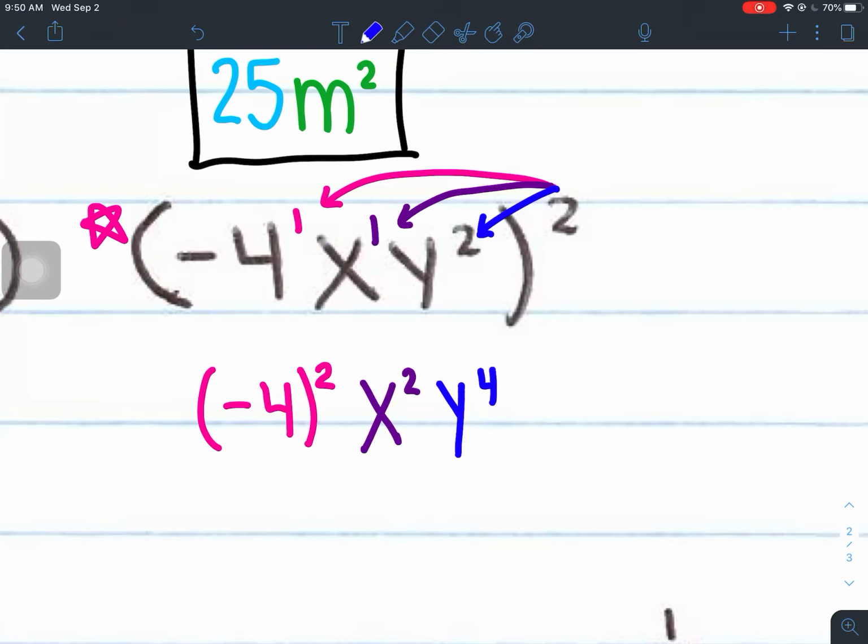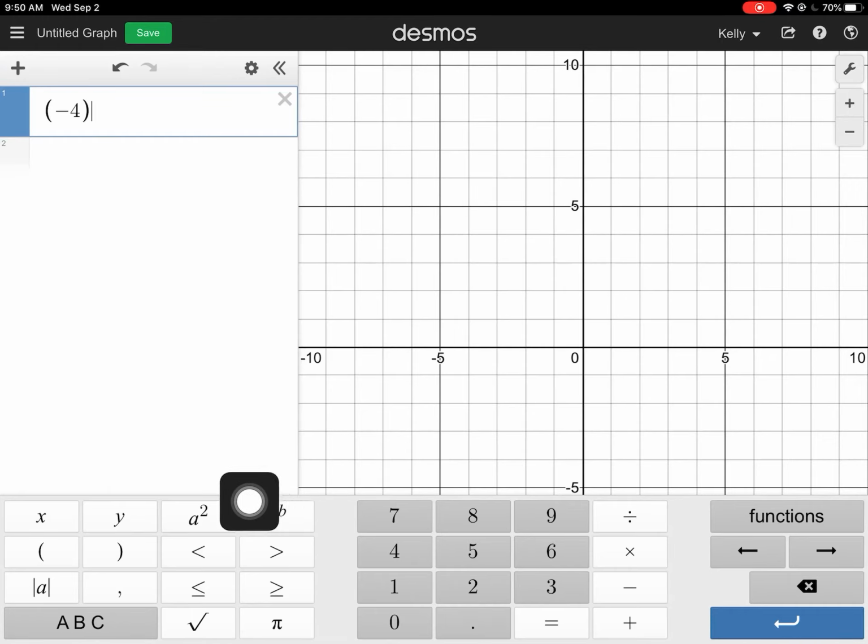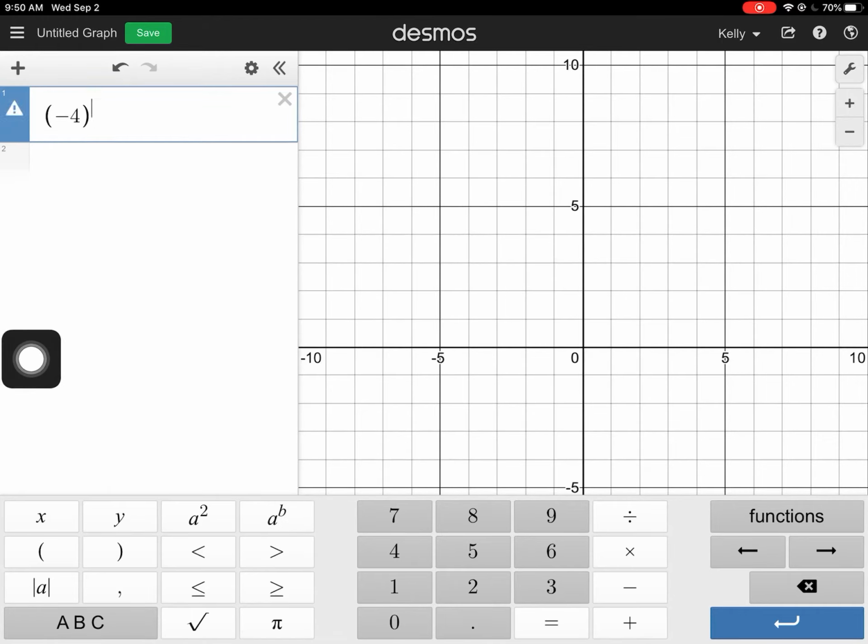Now, I would be finished, however, you always want to check. Because that pink, the -4 to the second power, can be typed in the calculator, I want to make sure I do that. And again, those parentheses are super important. You have to type them in. Parentheses, -4, close parentheses. And again, this is the exponent button, the a to the b power here. So I do that button and then 2. I get positive 16. Okay?